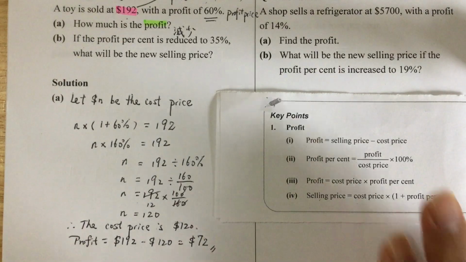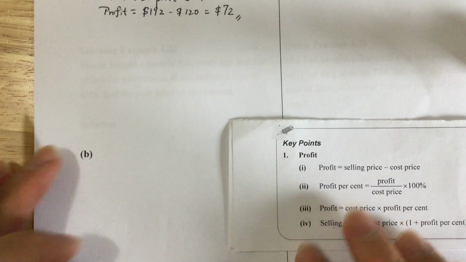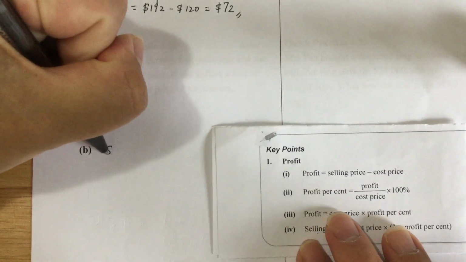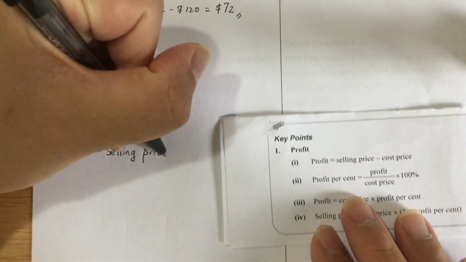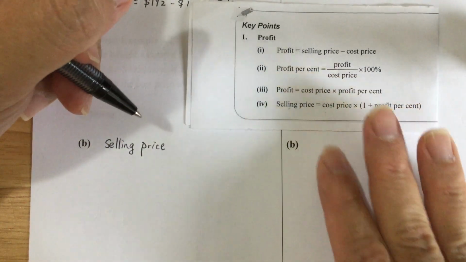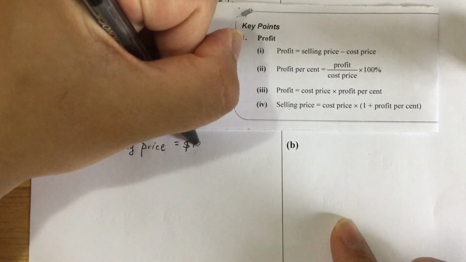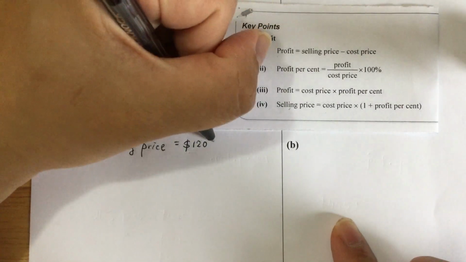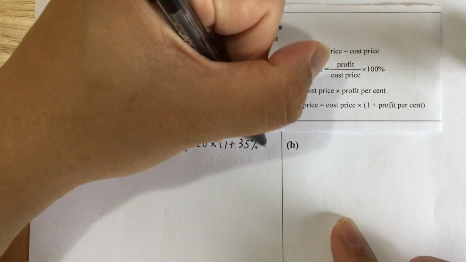We move the formula here and go down to find the answer for part B. For the selling price this time, we will use the cost price we calculated last time: $120 times 1 plus the reduced profit percent of 35%.